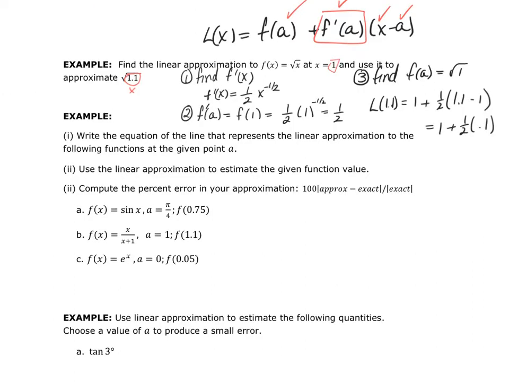So to go on to where we were from yesterday, we want to use the linear approximation to find the approximation of the given value when we don't know what it is exactly. Now, on the first example here, we are asked to find the f of 0.75.